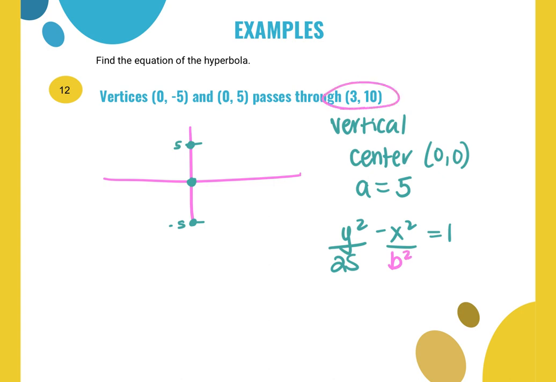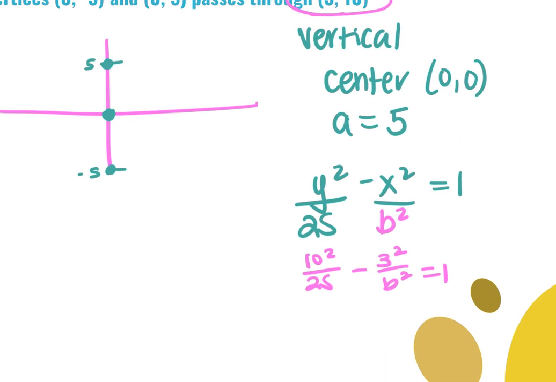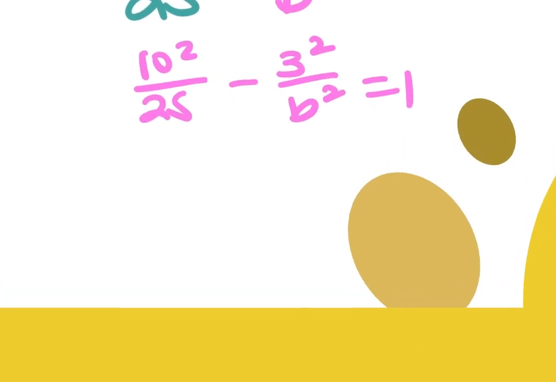And it gives me passes through this time. So this is my x and this is my y. 10 squared over 25 minus 3 squared over b squared equals 1. 10 squared would be 100 over 25 minus 9 over b squared equals 1. And we want to isolate that b squared. So we're going to subtract the 100 over 25, which actually simplifies to be 4.